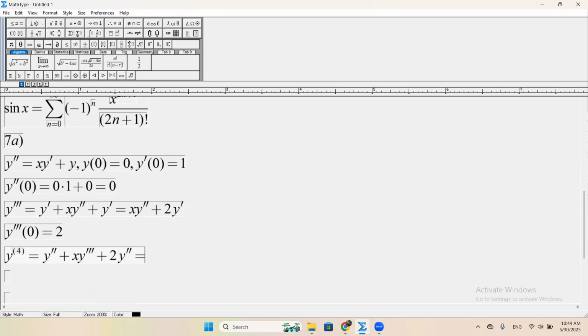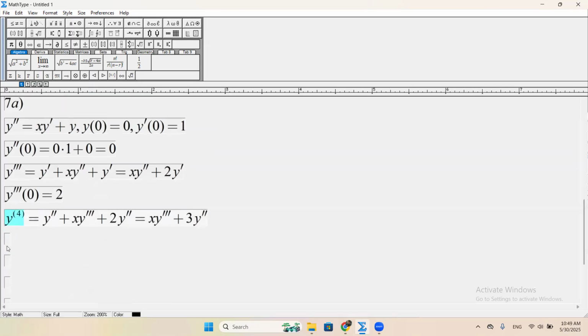So what I have is xy triple prime plus 3y double prime. And the fourth derivative of y at point 0 equals 0.